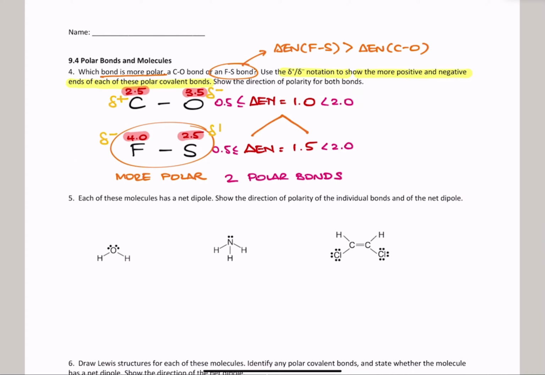What we will do is combine the VSEPR model, so the shape of the molecule, and the fact that the bonds are polar to determine the polarity of a molecule. You're told in problem 5 that each of these molecules has a net dipole. We will need to show the direction of the polarity for each individual bond, and then sum all the bond vectors.